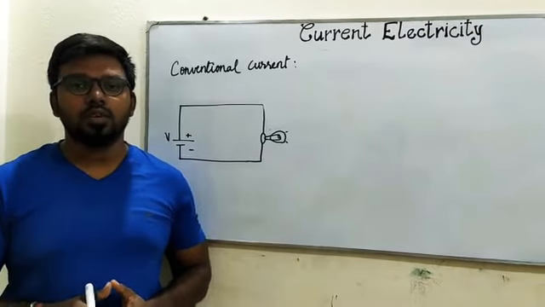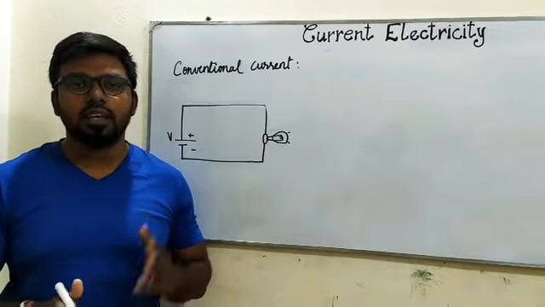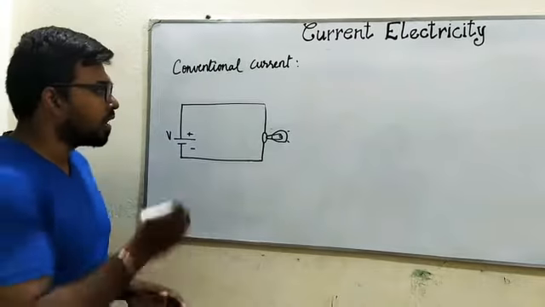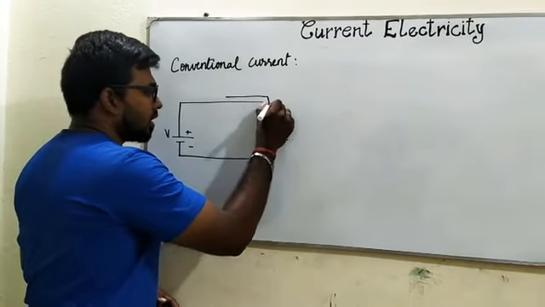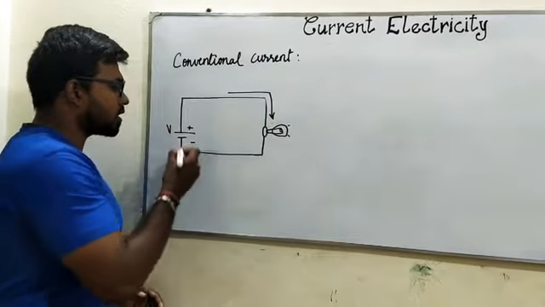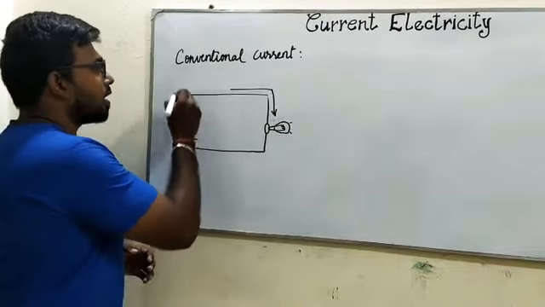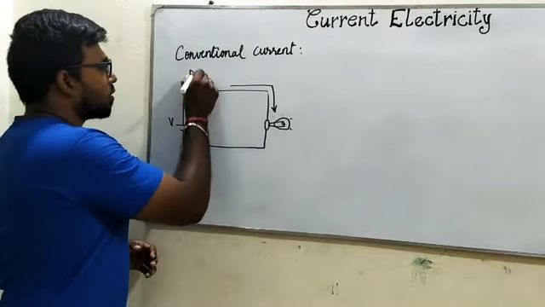In an electric circuit, the arrow is used to indicate the direction of flow of current. In this circuit, the direction of current is from the positive terminal to the negative terminal. This is indicated by this arrow.